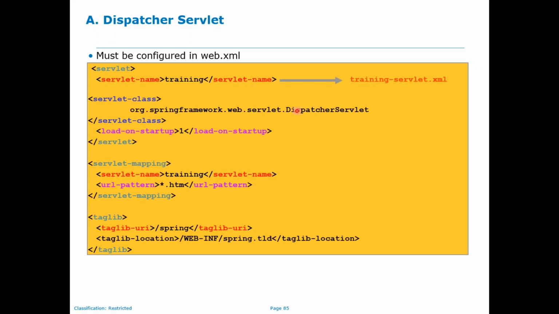This dispatcher servlet will act as a front controller for the Spring web application, and all the requests coming with the .htm extension will go to this dispatcher servlet. So let us first create that.